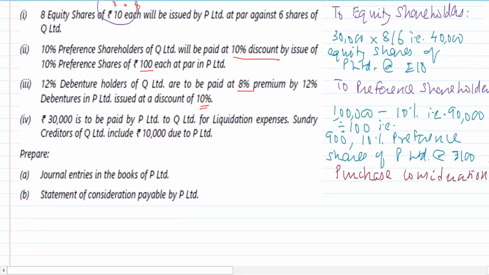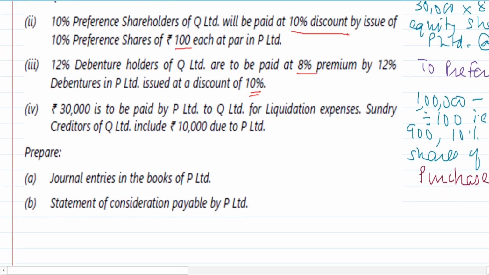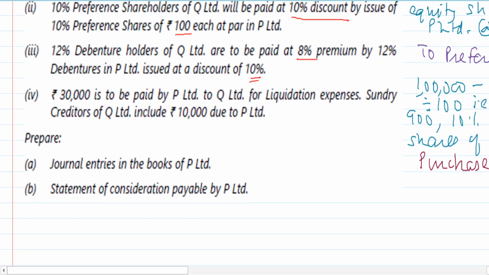And then there is also information 3. That's what I want to discuss now. In information 3, they are saying that 12% debenture holders of Q Limited are to be paid at 8% premium by 12% debentures in P Limited issued at a discount of 10%. Now, when I will record the accounting entry, I'll have to take care of these debentures also.